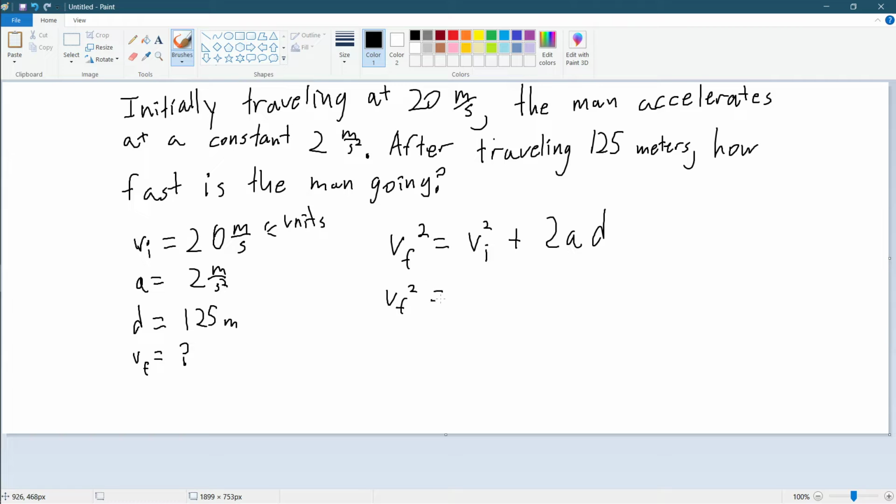Vf squared equals, plug in 20 meters per second squared plus 2 multiplied by acceleration, which is 2 meters per second squared multiplied by distance, which is 125 meters. And there we go.